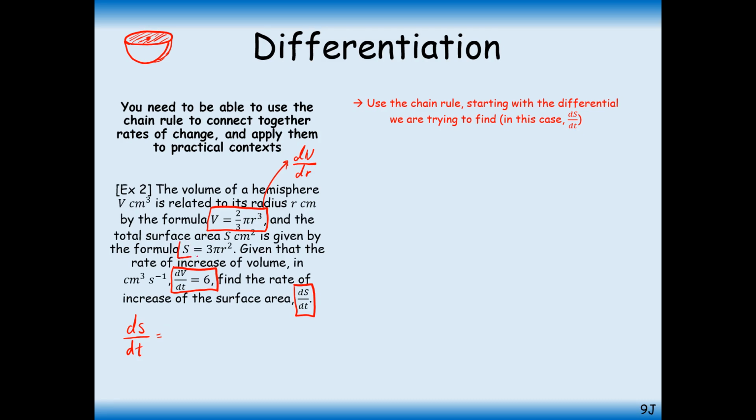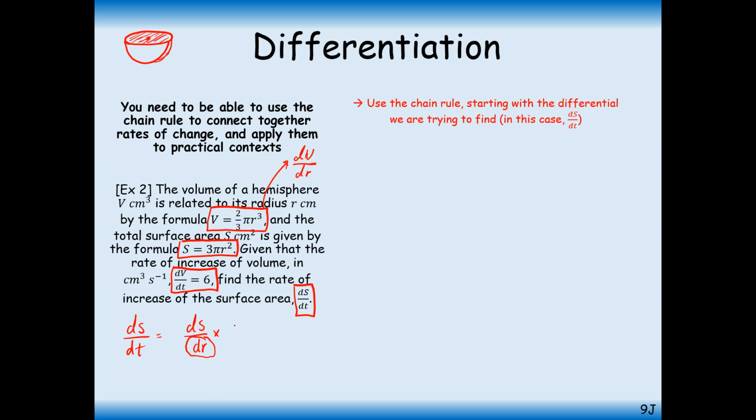As you can tell from this expression for S, we don't actually have any t's in it, and we can find the expression for dS by dr. That's fine. But how can we use this to come up with the rate of change of surface area with respect to time? Somehow we're going to have to cancel away this dr and replace it with dt. How can we do that?